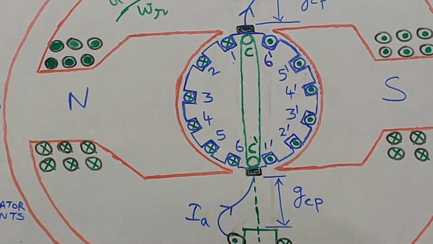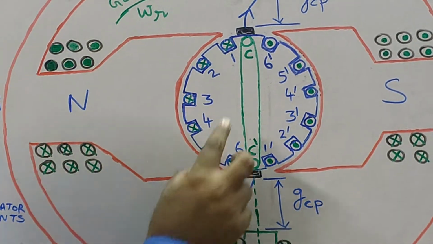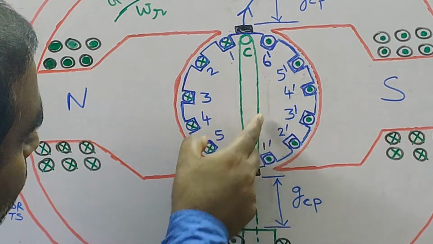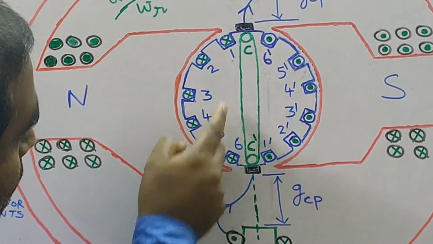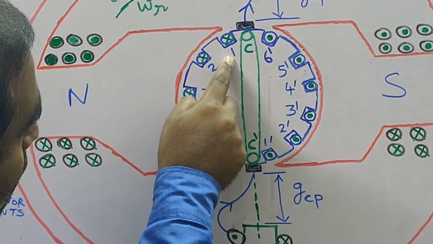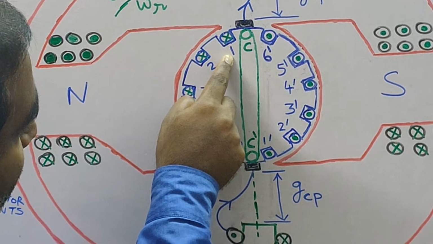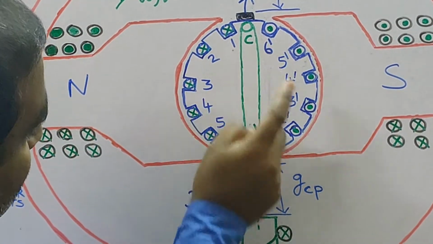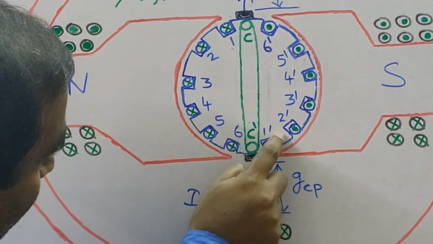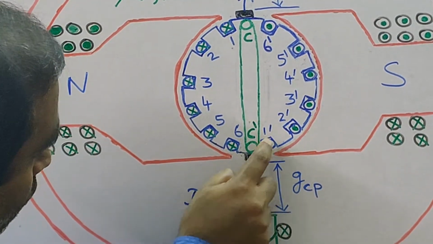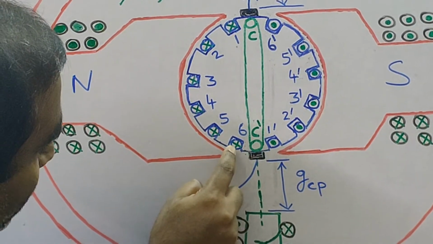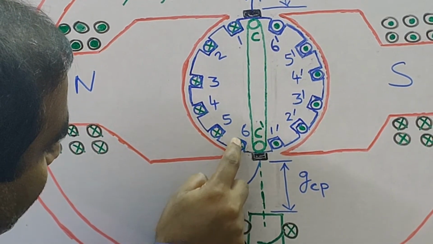Allow me to tell you once more in case you missed it. After a few degrees of rotation, coil side 1 will occupy the position presently occupied by coil side 6 dash, and simultaneously coil side 1 dash will occupy the position presently occupied by coil side 6.